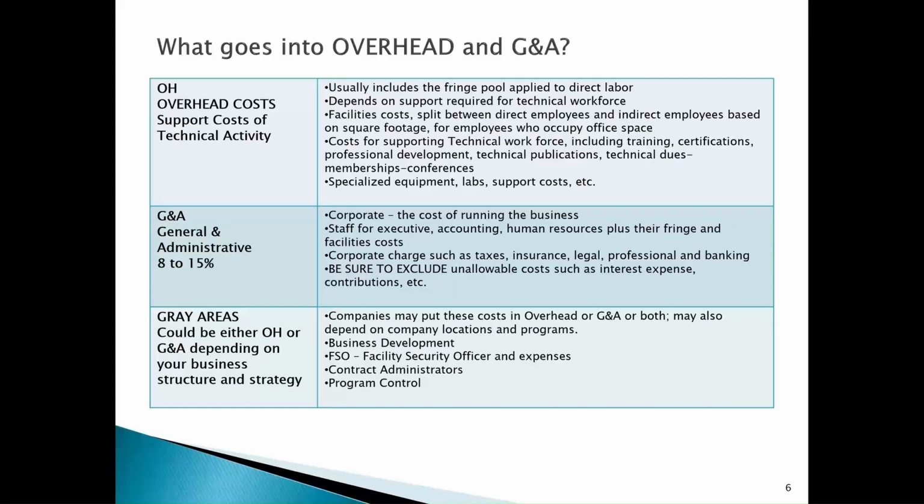So let me back up one to this whole thing of overhead. Overhead is the cost of the technical support you need to provide the services that you as a company are uniquely capable of providing. So it's the support required for the technical workforce.